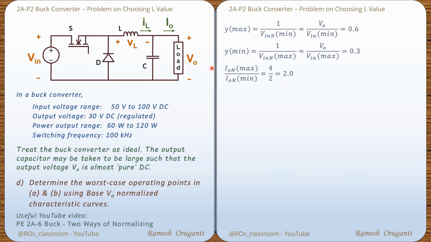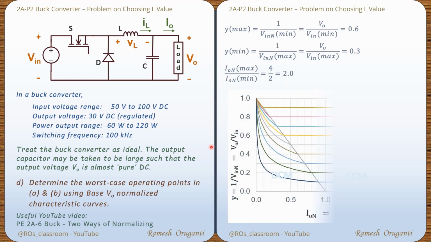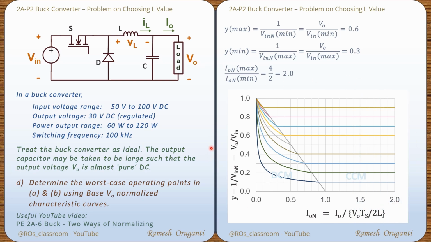This is the normalized characteristic curves of the buck converter based on base V0 normalization. The x-axis is the normalized current ION, that is the output current IO divided by the normalization factor V0 Ts by 2L. The y-axis is y equals 1 over V in N, where V in N is the normalized input voltage.